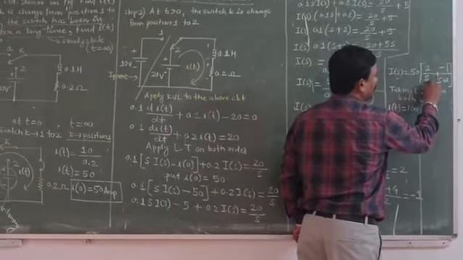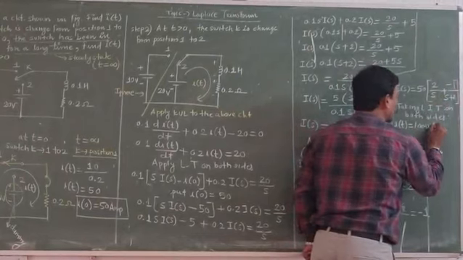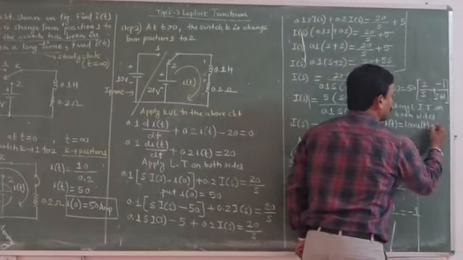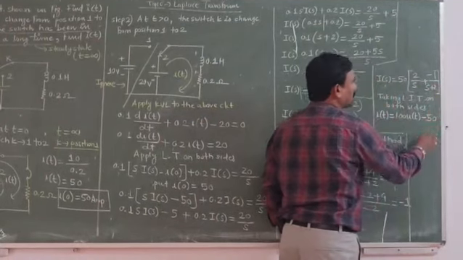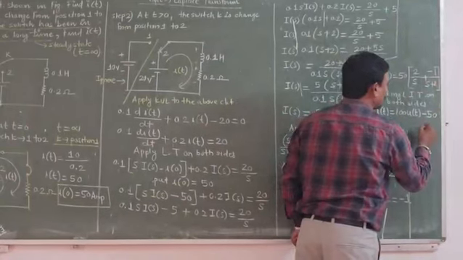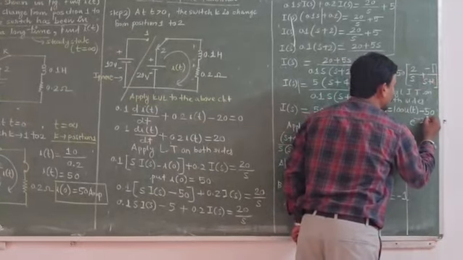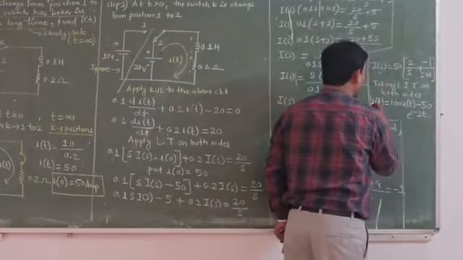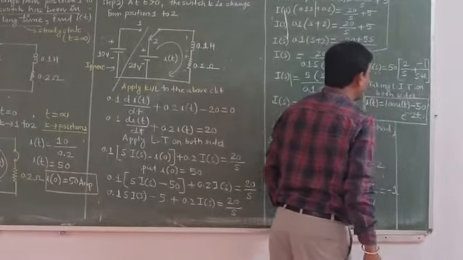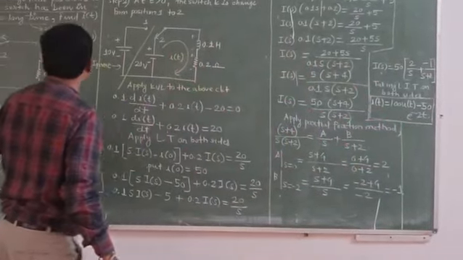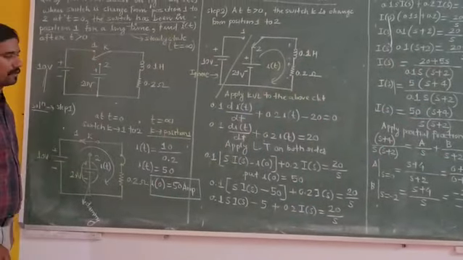The inverse Laplace transform of 1 by s is u of t, minus 50. The inverse Laplace transform of 1 upon s plus 2 is e raised to the power minus 2t. So, this is the final answer of your numerical, that is the current I of t flowing inside this particular circuit. Thank you.